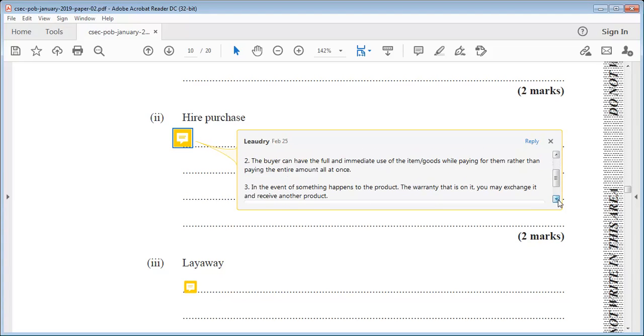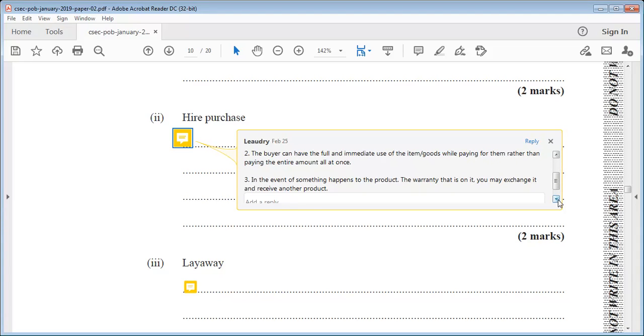In the event that something should happen to the product, then with the warranty on it, you may be able to exchange it and receive another product. So if it's an appliance not working, you can take it back to Courts and it can be exchanged based on your warranty.